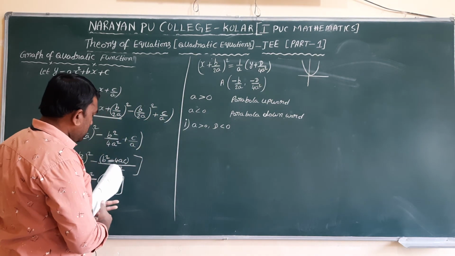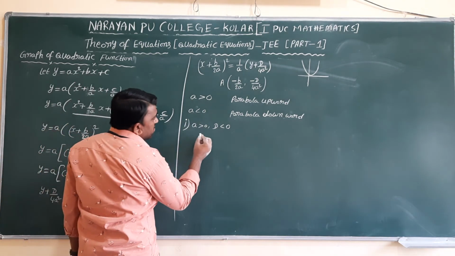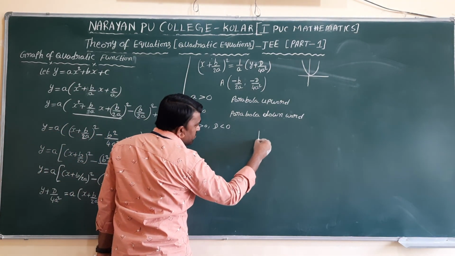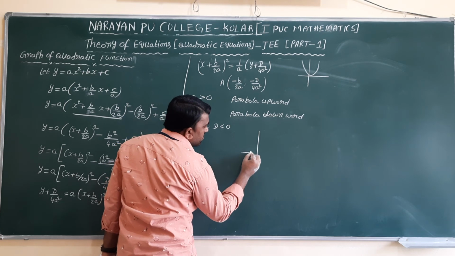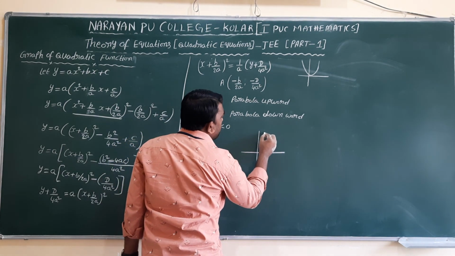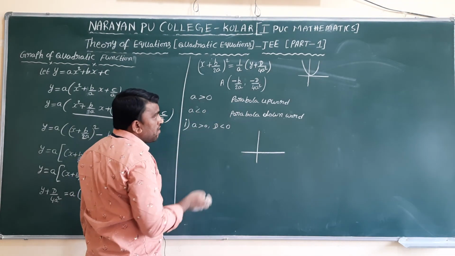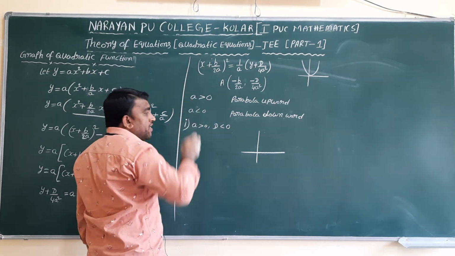A is greater than 0 and the discriminant is less than 0. In this case, graph will be upward. I said already, whenever a is greater than 0, parabola compulsory upward direction.